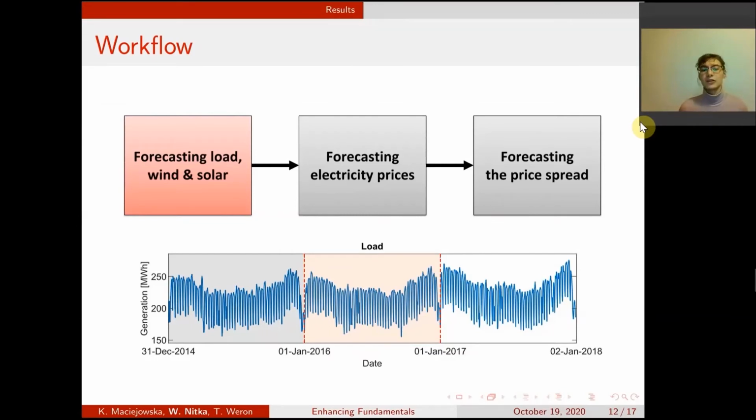We start in the year of 2015, and our data lasts until the end of 2017. So the first part of the research is forecasting the fundamental variables, and we take the year 2015 as the calibration period, and then we forecast for the subsequent 2 years, and we check the results.